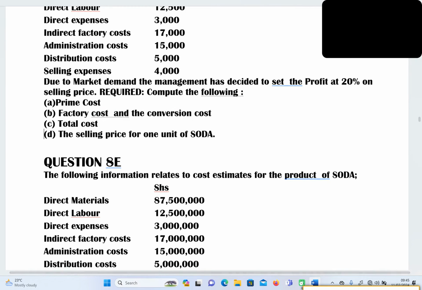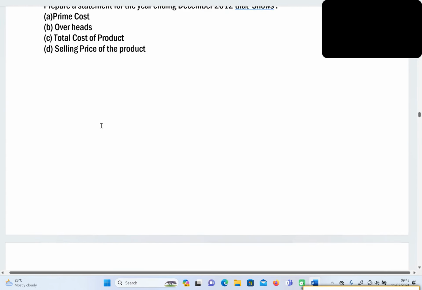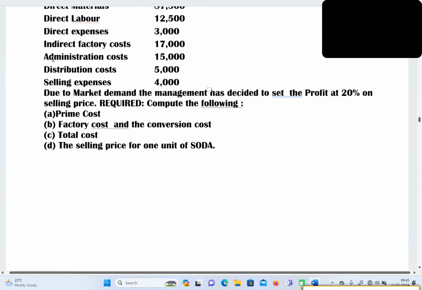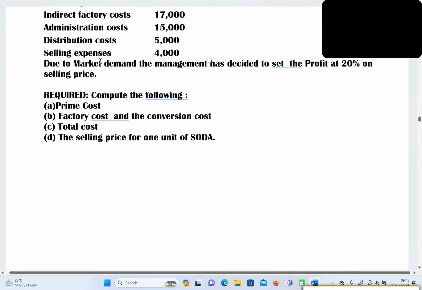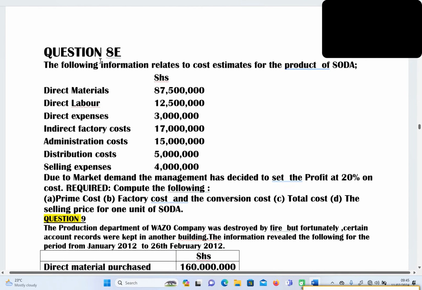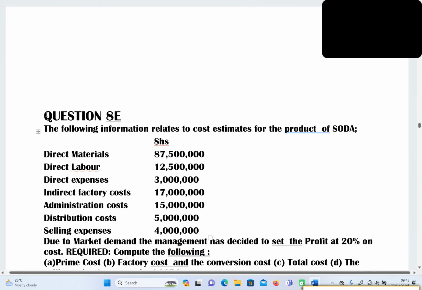Nataka nakuwekea hapa ili ni print ufanye ulete kesho asubuhi. Hii ya 6 ya 8. Ndio maana napenda nikupe data alafu upate. Nataka ukomae kwenye mambo haya. Kishajua haya maswali utakuwa na uwezo wa kujibu vitu ambavyo vinajitokeza.